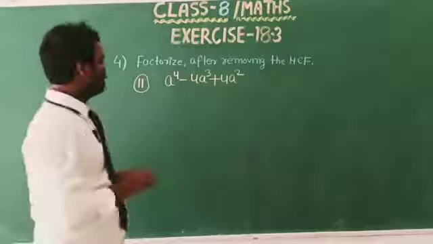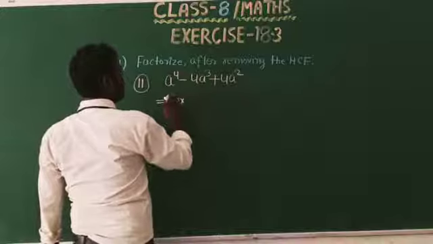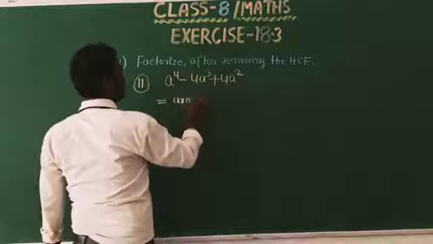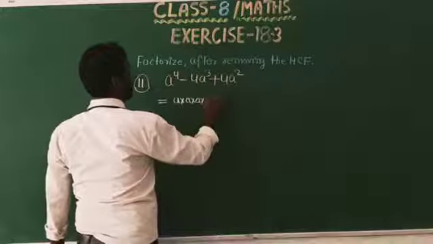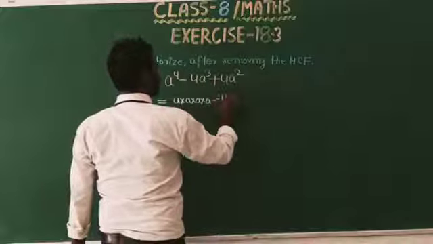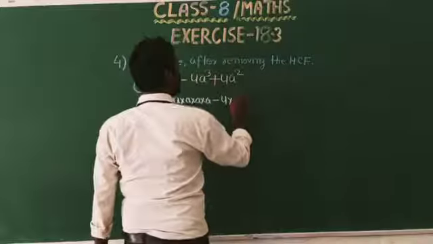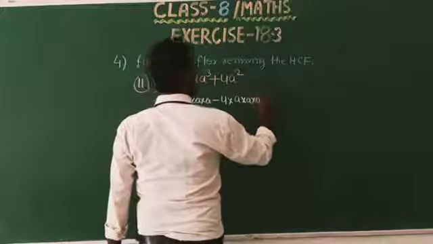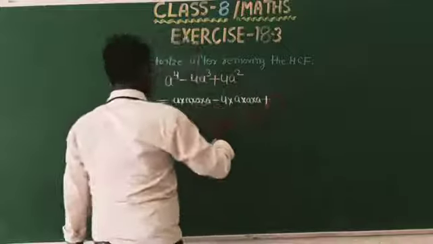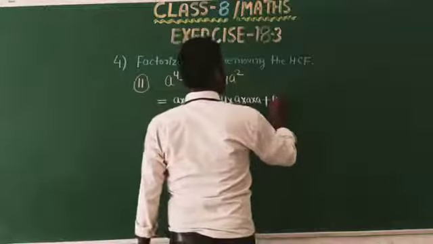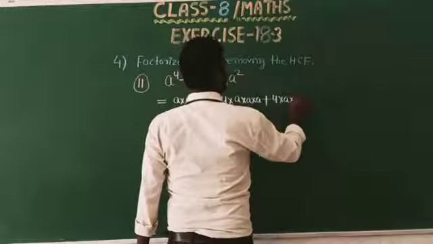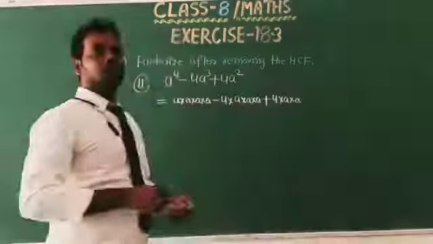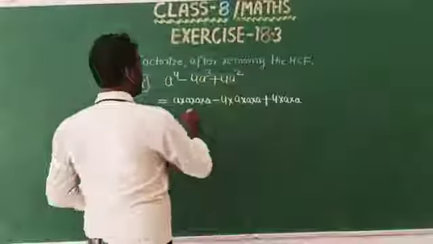First I will write a to the power 4 as the product of a into a, minus 4a to the power 3 written as the product of a into a, plus 4 into a square.